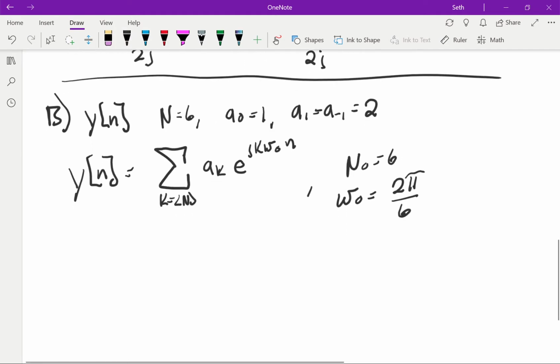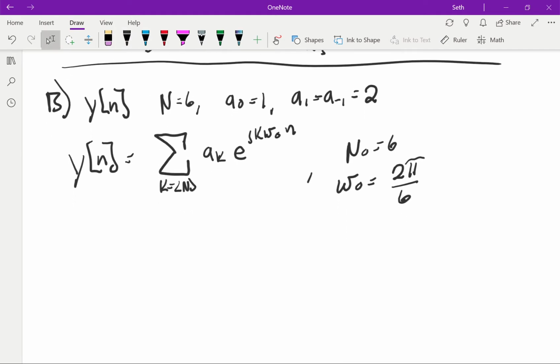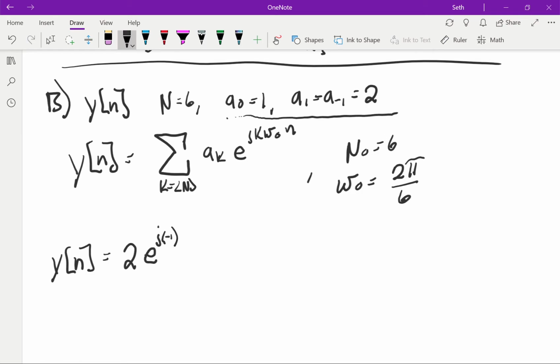Okay, so now we can just go ahead and write this directly. We have the Fourier coefficients. The Fourier coefficients besides a0, a minus 1, and a1 are all 0, so y of n must be equal to, we'll start with the a minus 1 term, 2 times e to the j. At this point, k is equal to minus 1.